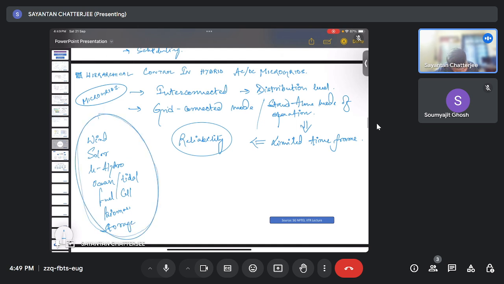So these are approximately some types that we can obtain or observe.